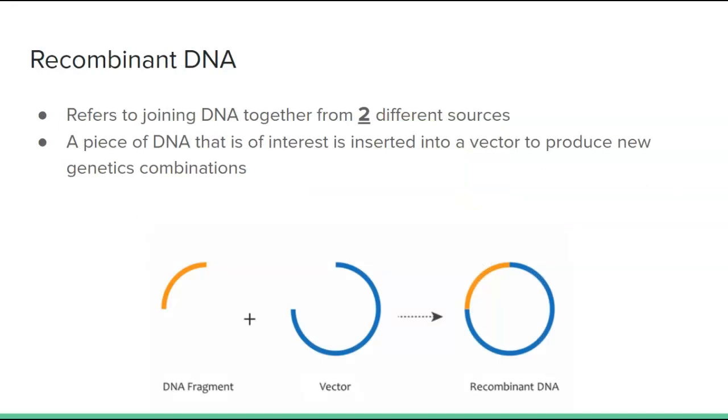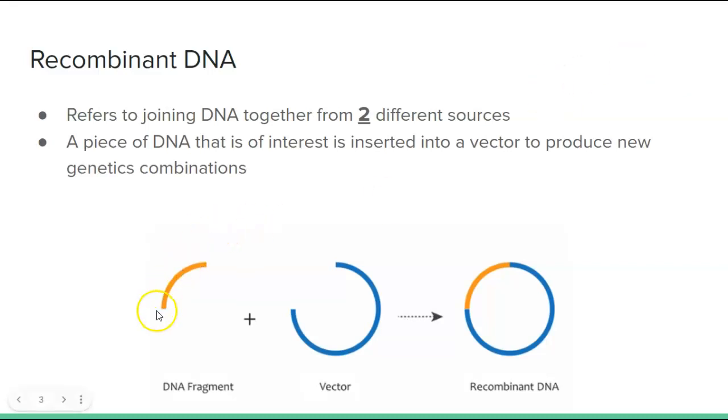I guess before we actually do that, we need to learn a little bit more vocabulary here. One big thing that you're going to hear over and over again is recombinant DNA. This is how you get one species' DNA into a second species' DNA, and when you do that, it's called recombinant DNA. So this is the joining together of DNA from two different sources.